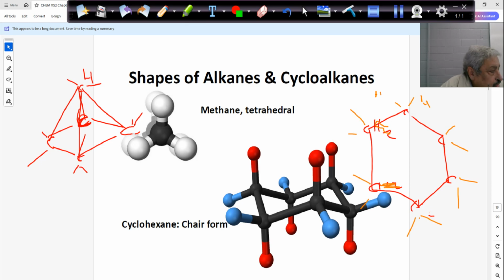This is the expanded one. In the condensed, you don't show the carbon-hydrogen single bond. In the expanded, you show all the bonding. This is cyclohexane.